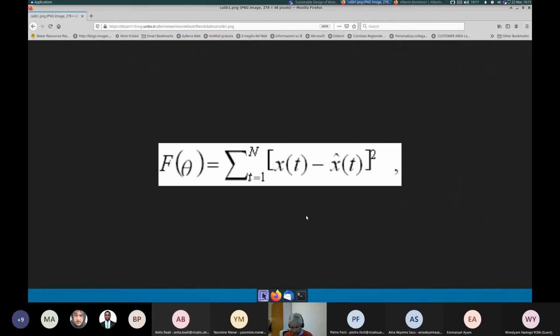In statistics, one can prove, under certain non-limiting assumptions, which we don't need to know, with theoretical proof, that this function, the sum of squares, works better than the sum of the absolute values.